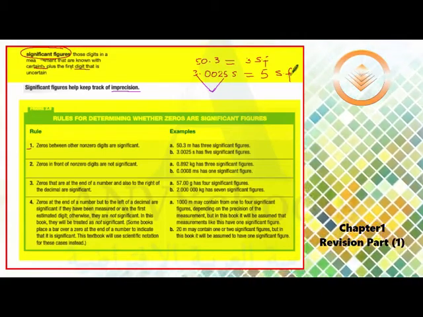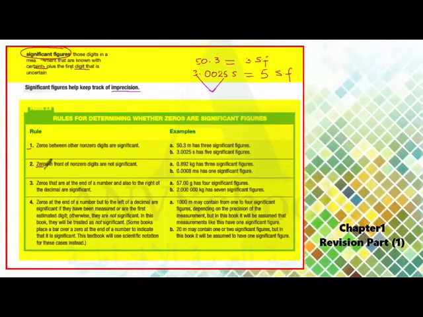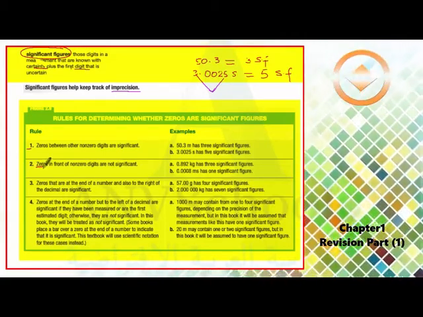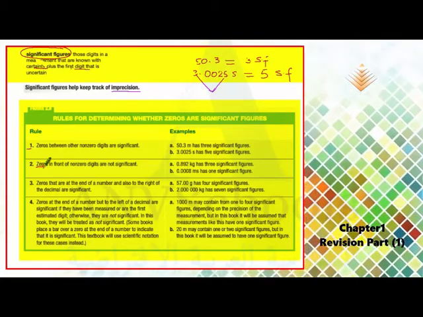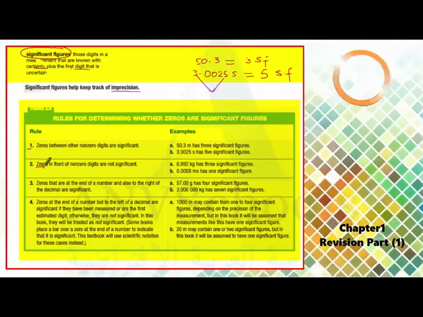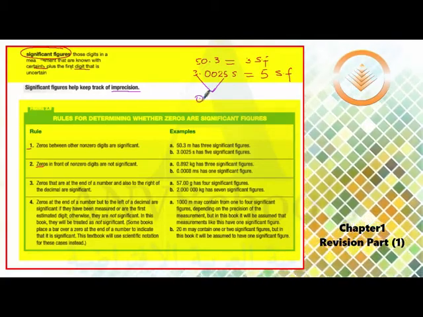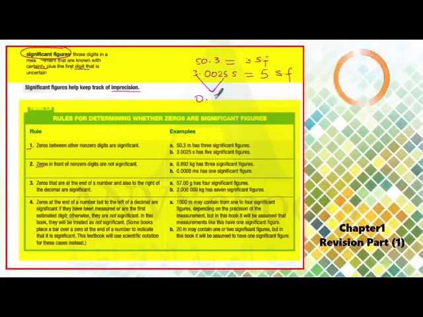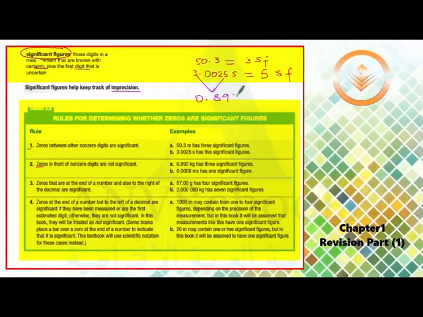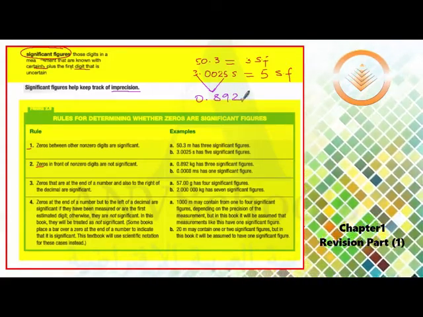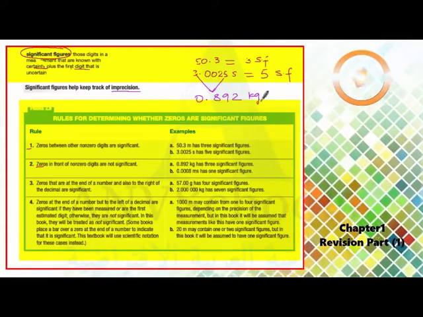The second rule is: zeros in front of non-zero digits are not significant. For example, here, 0.892. You could call it a kilogram or whatever you want.